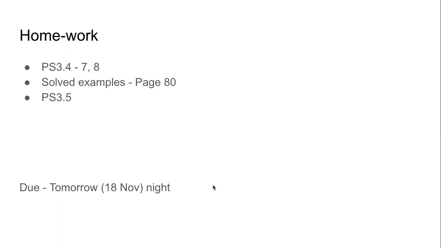You will complete the solved examples from page number 80. There are 4 solved examples. We have already done one of them in the class, but I would request you to write it down properly. There are 2 more, example number 3 and 4. You try. We will go through them in the next class and complete practice set 3.5.